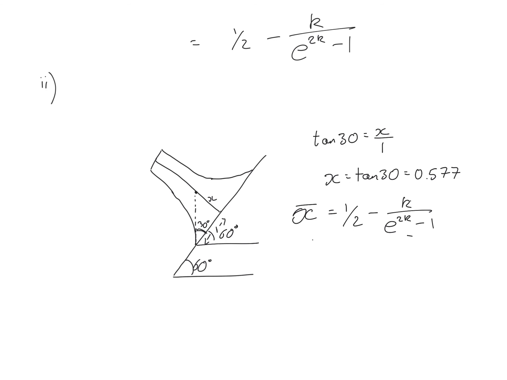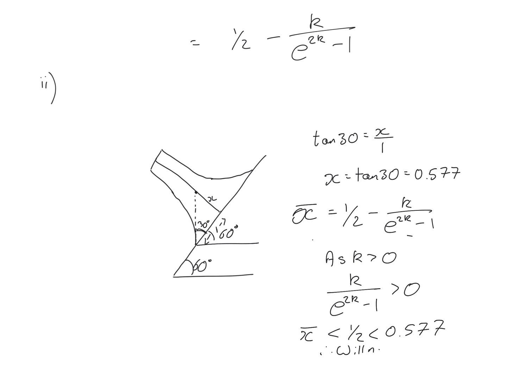So as k is greater than 0, k over e to the 2k minus 1 is greater than 0. Therefore x bar is always less than a half, which is less than 0.577, therefore it will not ever topple, even at 60 degrees.